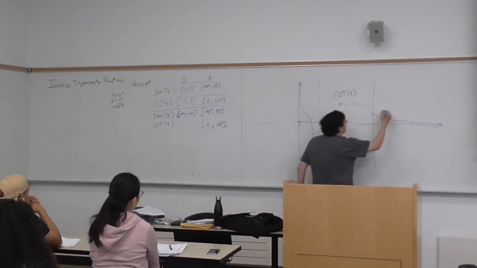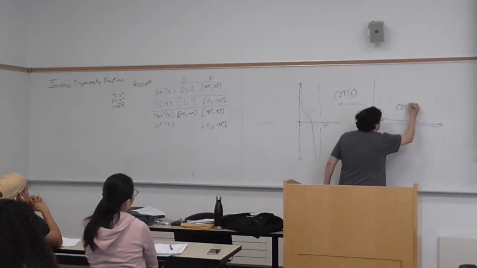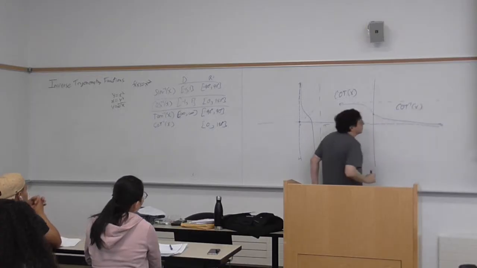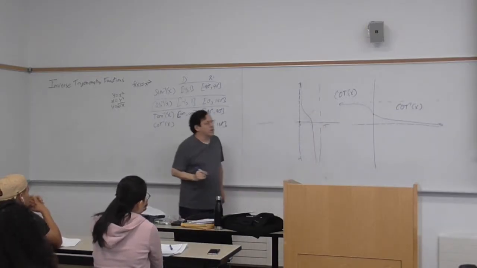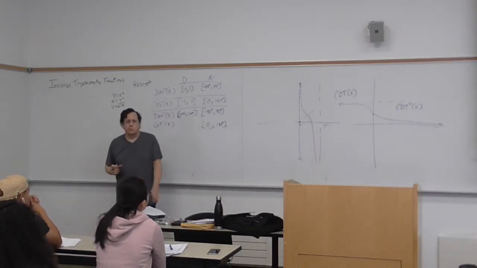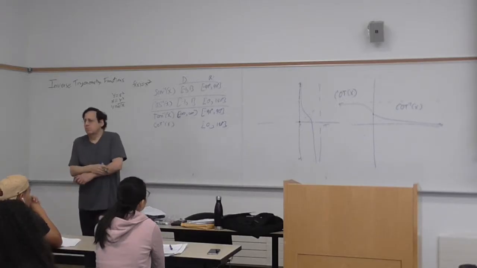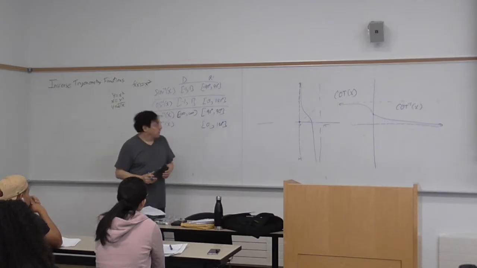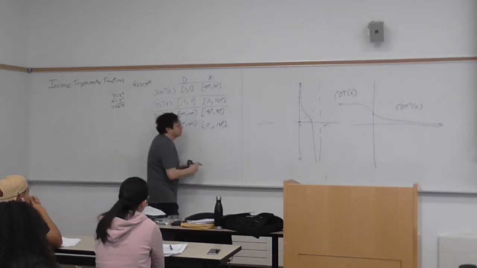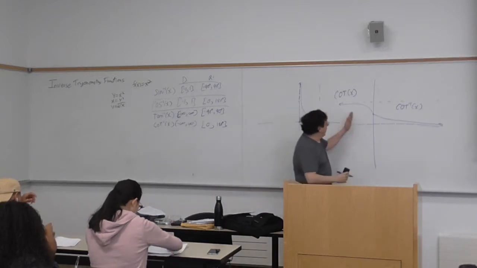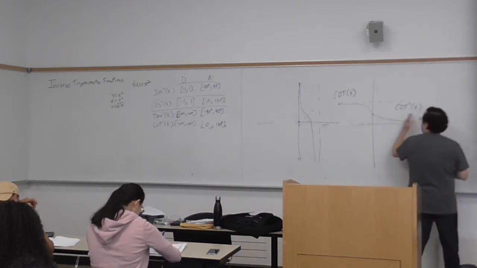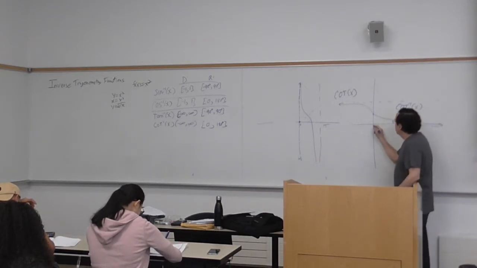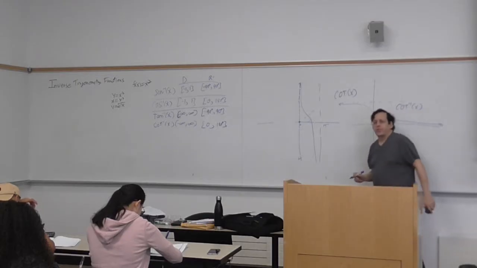So this is now the inverse cotangent function. So what's its domain? Should it still be all numbers? Yeah, absolutely. I can pick an x anywhere I want along here. I'll get a value between 0 and 90 degrees.